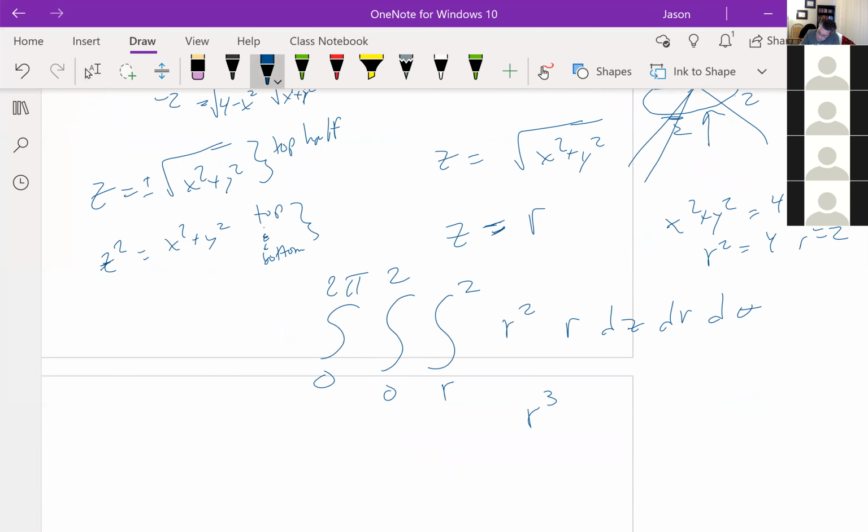This is R cubed dz dr d theta, with z from R to 2, R from 0 to 2, and theta from 0 to 2 pi.